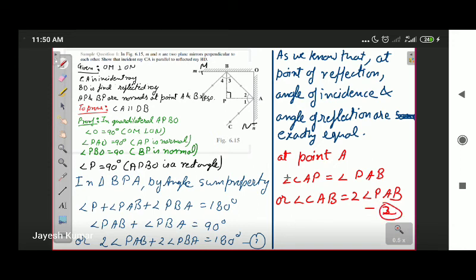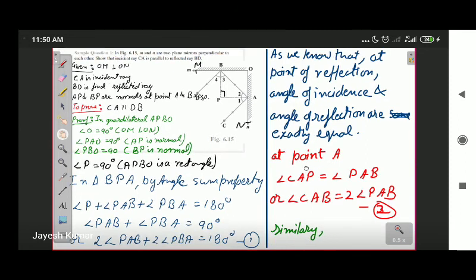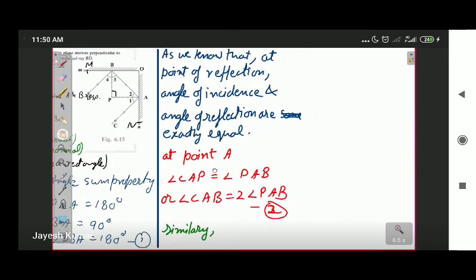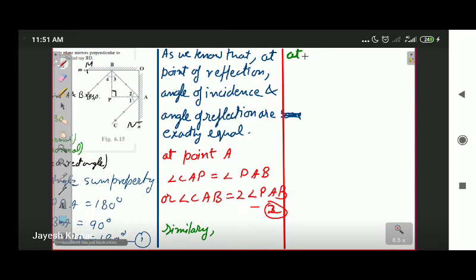Similarly, at point B, angle DBA should be equal to twice angle PBA.